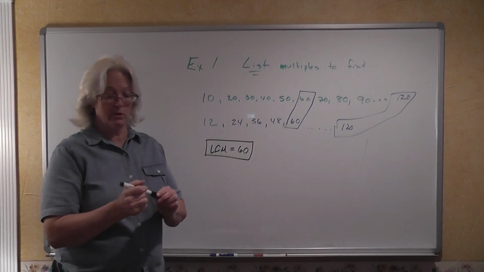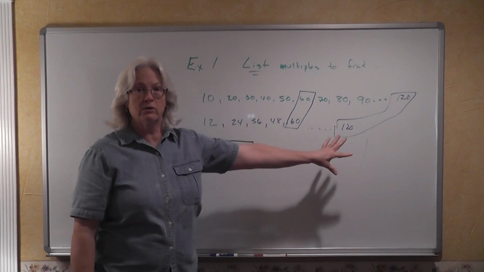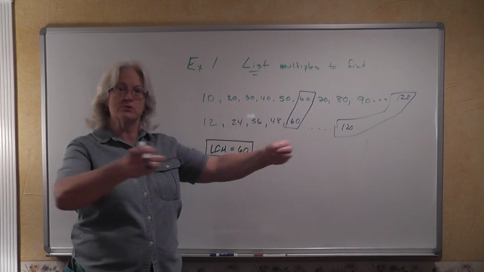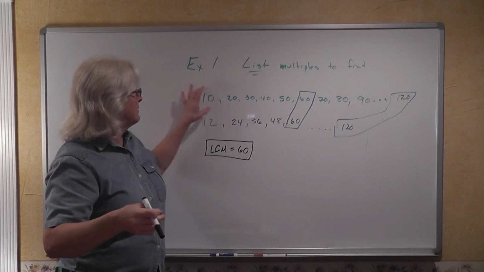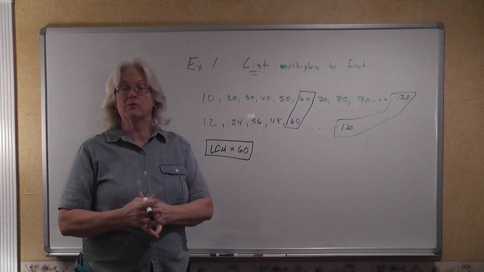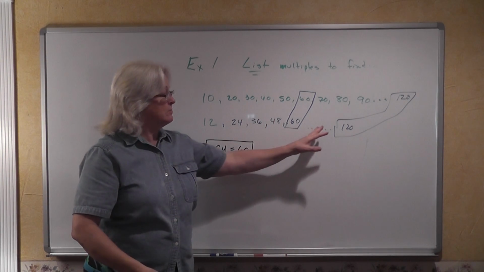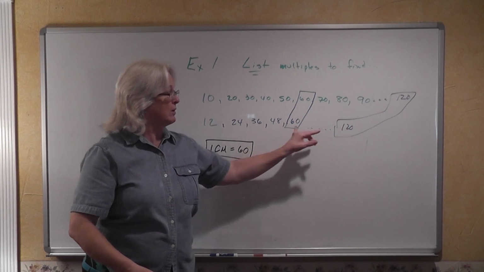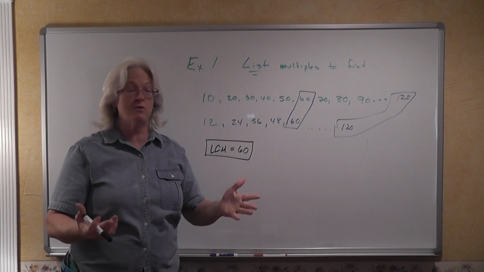Okay, what's our next one going to be? It's going to be 180, then 240. So the multiples are spread out more than they were when we were looking at 3 and 4, but you still see that there's a regular pattern: 60, 120, 180, 240, 300, 360, 420.